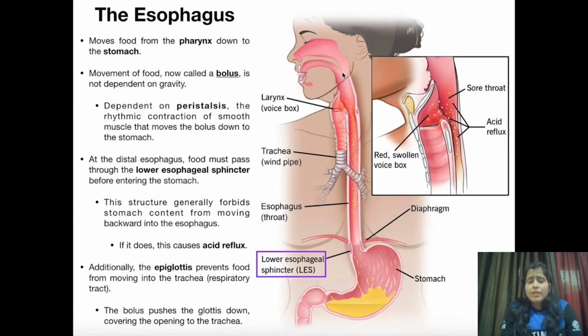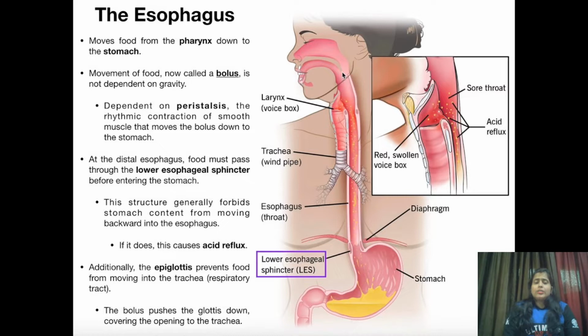We have sphincters present, and as the food particles slowly move through peristalsis towards the stomach, these sphincters allow the entry of the food particles into the stomach. So we have various sphincters present in our digestive system which act as a regulatory check, or help in the proper flow of the movement of food particles.